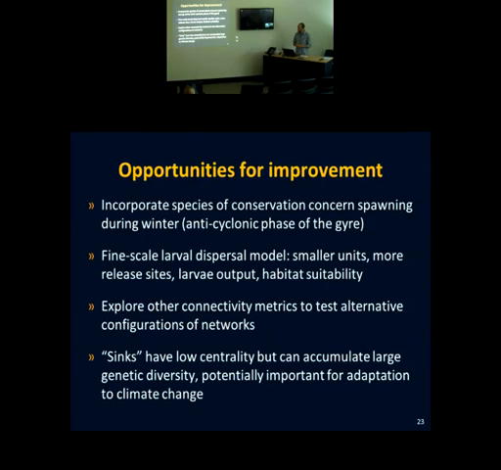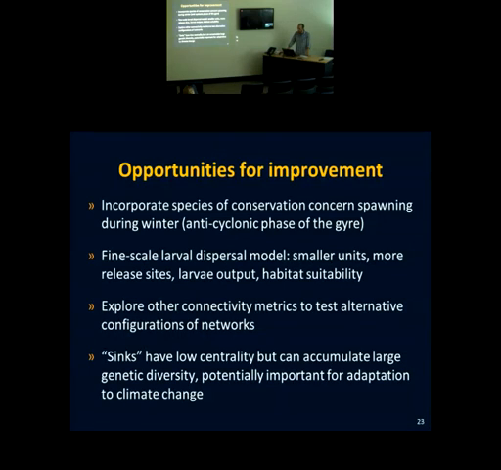And then, as I said, our approach was focusing on stepping stones, but what happens with the sinks? So we know that the network metrics that we use are negatively correlated with the genetic diversity of these areas.